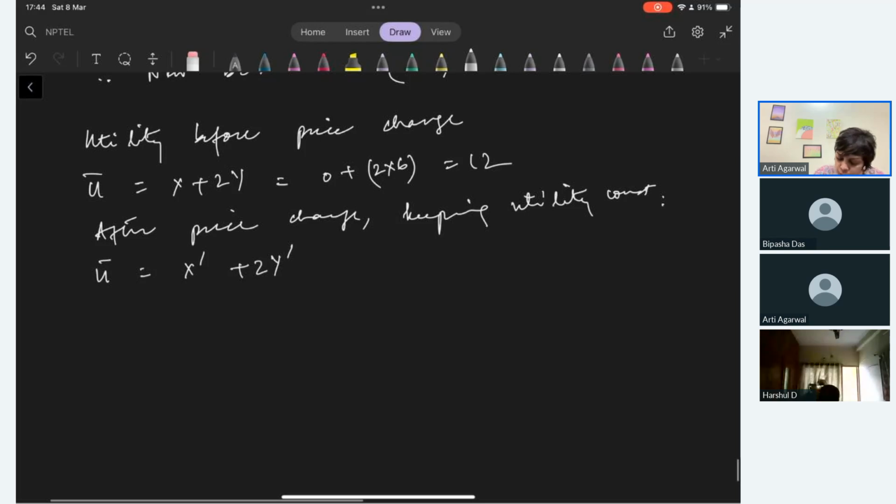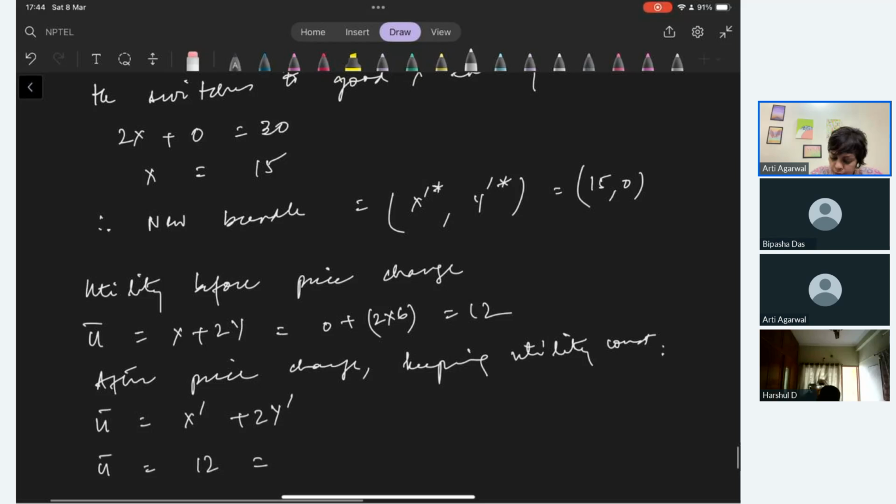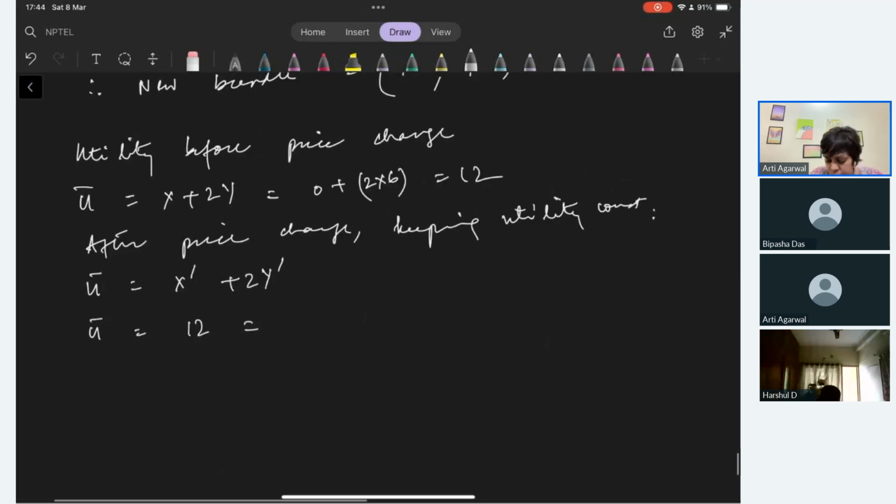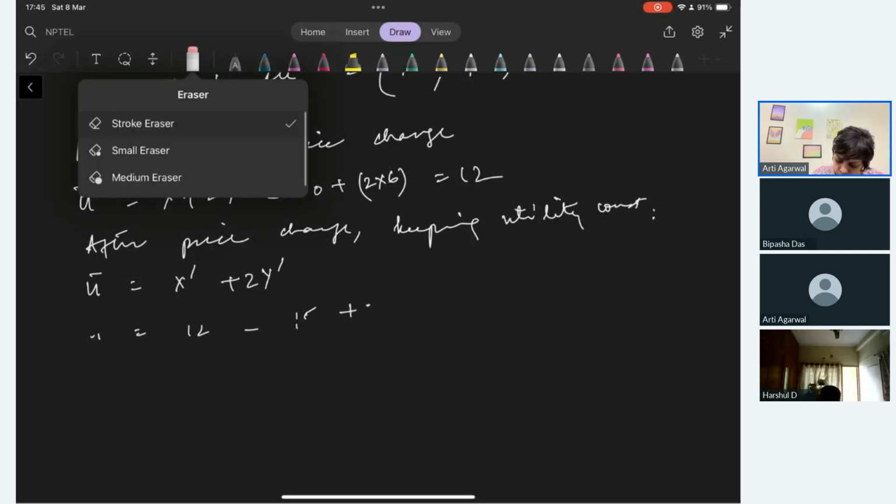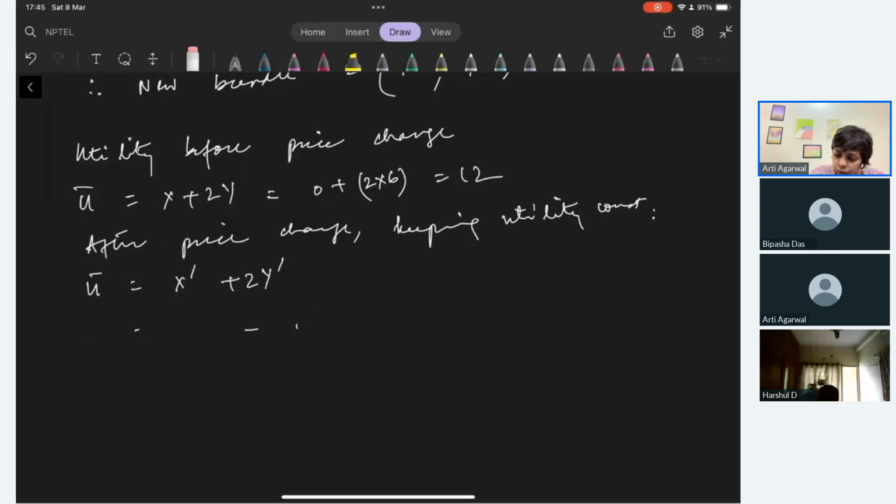U bar is equal to 12. Yeah, so here we are trying to find x prime, meaning that intermediate value, not the initial value.